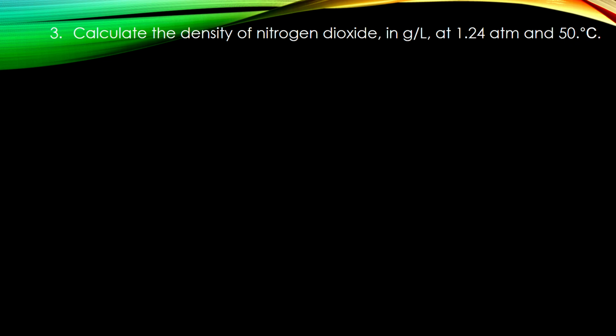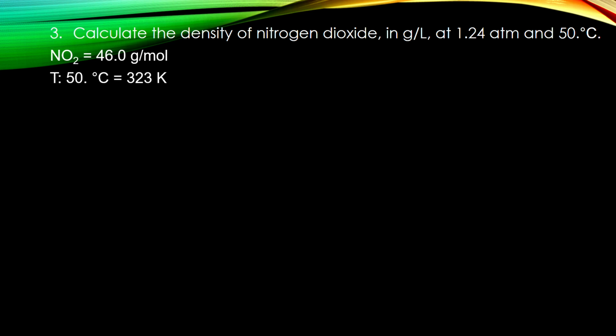And because I've got grams here, I know I'm going to have to take moles into grams, so I'm going to need the molar mass. The molar mass of nitrogen dioxide is 46 grams per mole. If you need review on how to do that, just come see me. And my 50 degrees Celsius is 323 K.